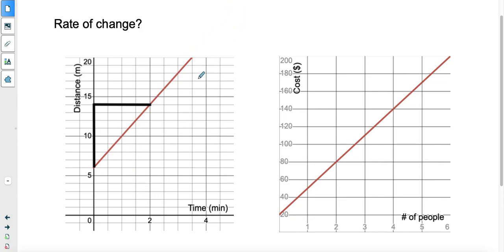So the rise, well, we start here and we want to just count. How many meters am I going up by? Well, let's see. Going up 1, 2, 3, 4, 5, 6, 7, 8. So I'm going up 8 meters over 2 minutes.